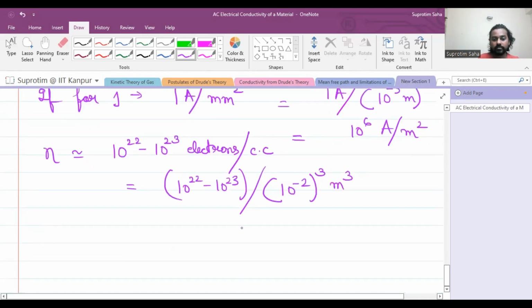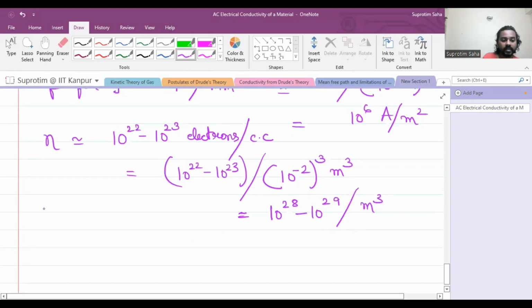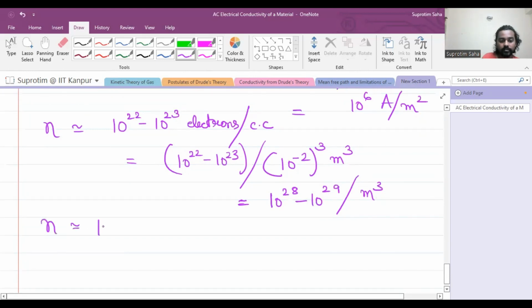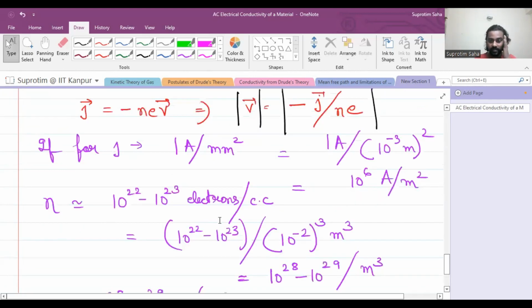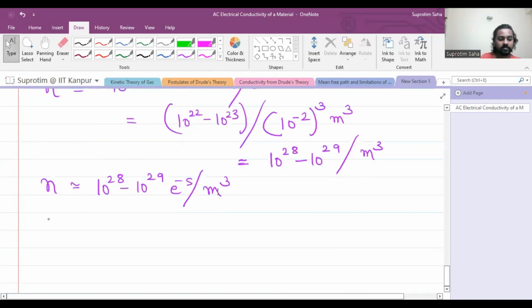So this equals 10 raised to 28 to 10 raised to 29 electrons per meter cubed. Converting all in SI units, e is 1.6 into 10 raised to minus 19.